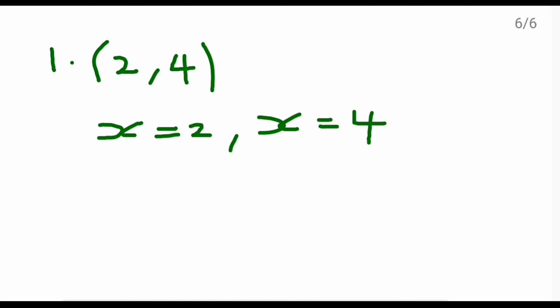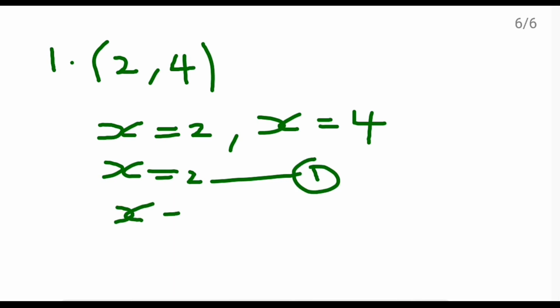The next step is to bring them to the left hand side of the equations. Remember that there are two equations now. We have equation 1, which is x equals 2, and x equals 4 is another equation, equation 2.